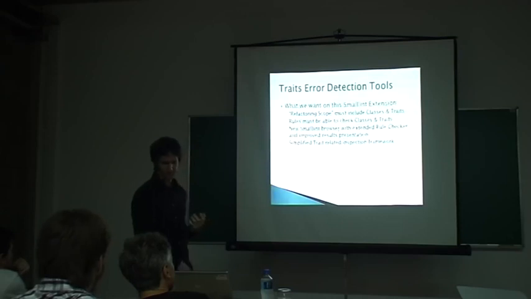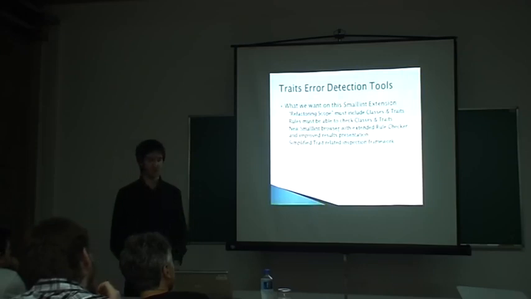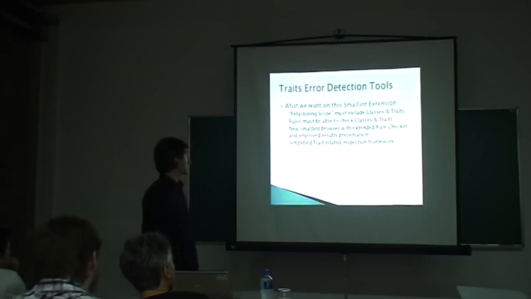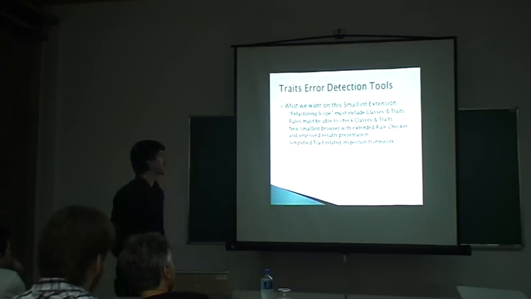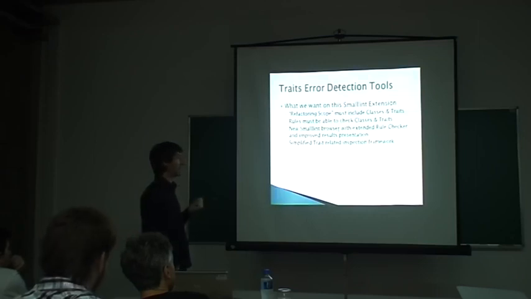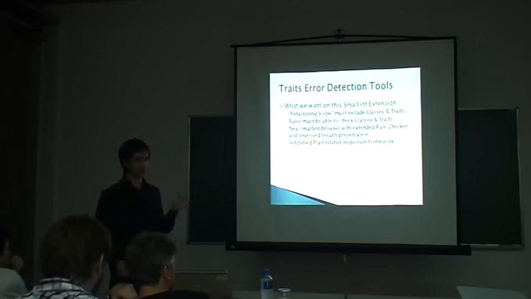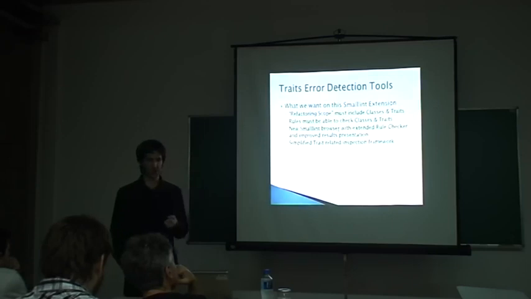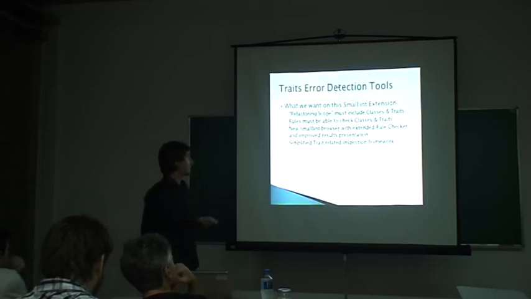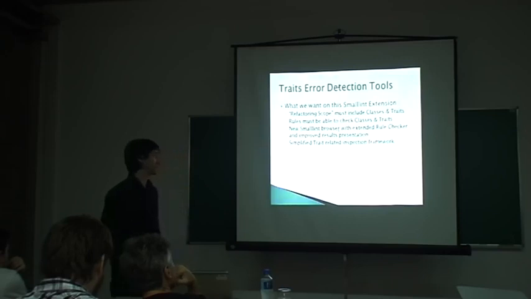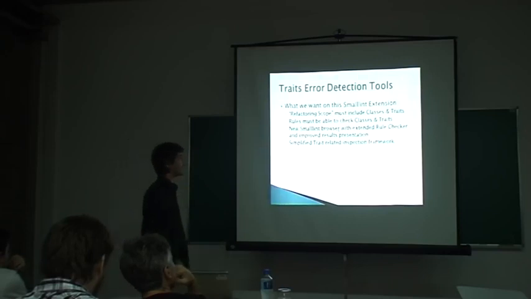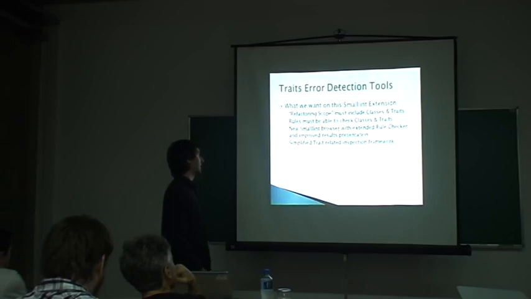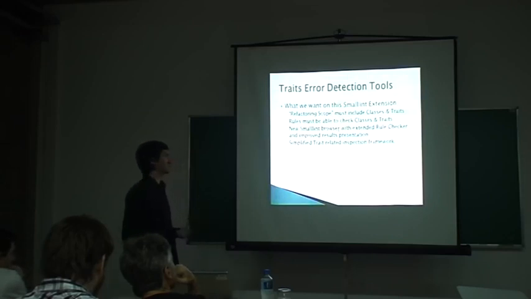Okay, what we want in this Smalllint extension, as we already talked about, is that refactoring scope must include classes and traits. Rules must be able to check classes and traits, and the old rules should keep working as before. We don't want to break all the previous rules. Also, the Smalllint browser has to have an extended rule checker and rule results presentation.